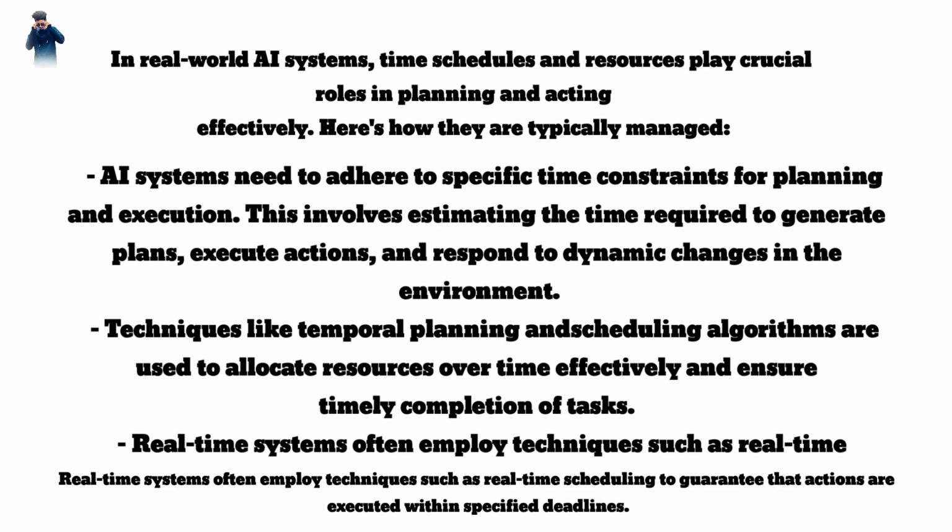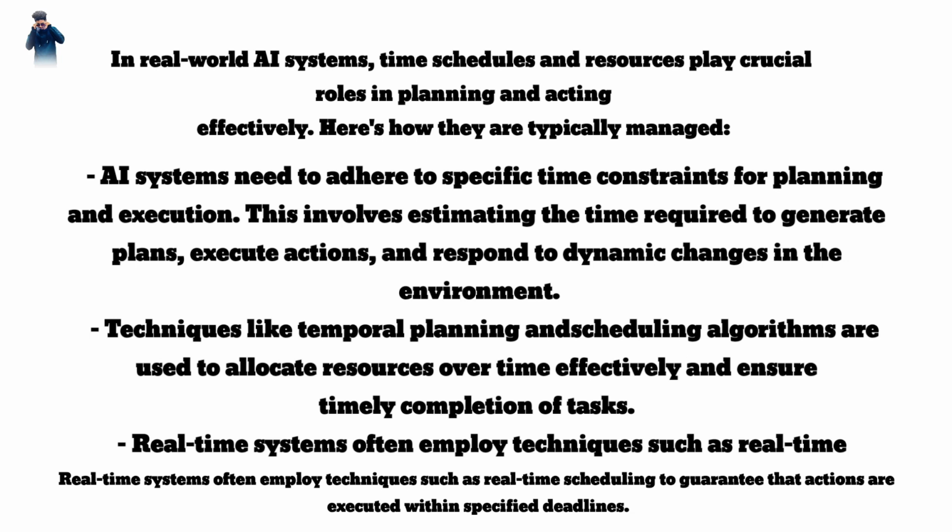In real-world AI systems, time schedules and resources play crucial roles in planning and acting effectively. Here's how they are typically managed. 1. Time schedules. AI systems need to adhere to specific time constraints for planning and execution. This involves estimating the time required to generate plans, execute actions, and respond to dynamic changes in the environment.